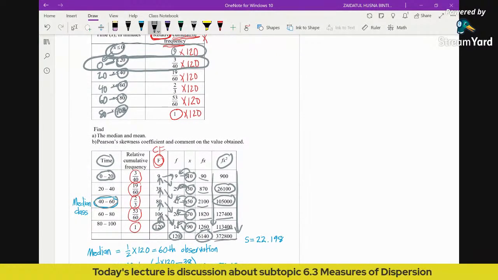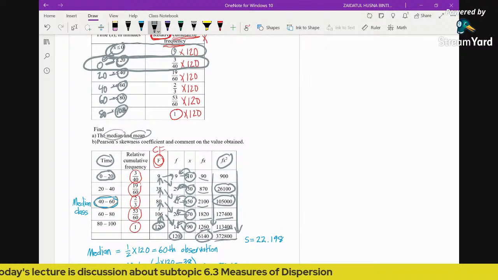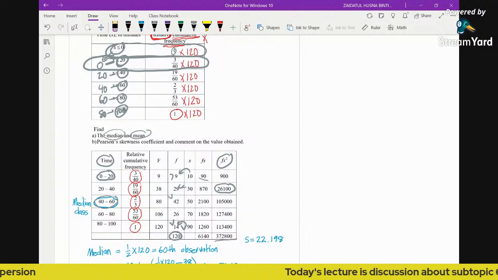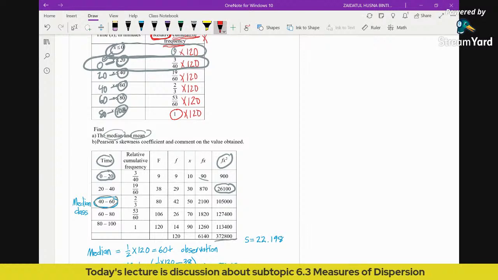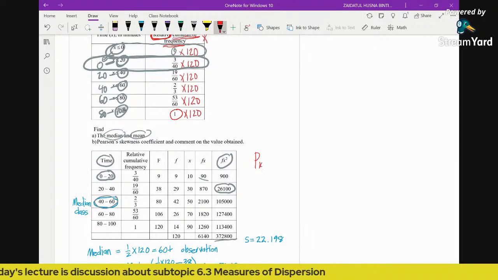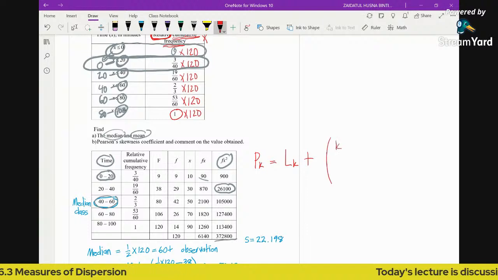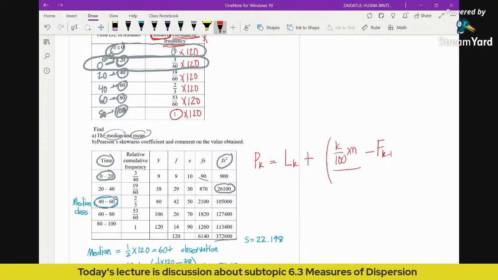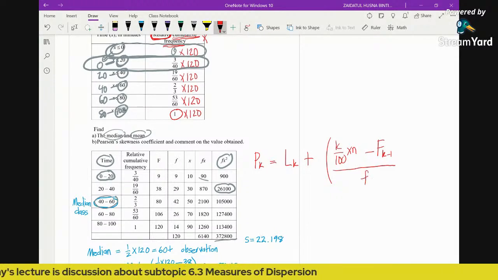Now the question says find the median and mean. Let's recall the formula of median for grouped data. How can we find the median for grouped data? We will be using the formula of percentile. So the formula of percentile is this: P_k equals L_k plus k over 100 times n minus capital F_{k-1}, where this is the cumulative frequency of the class before, divided by the frequency of the class, multiplied by the class width.